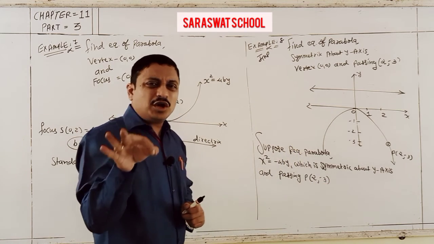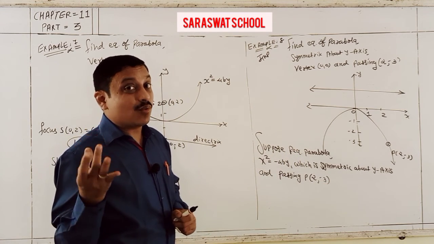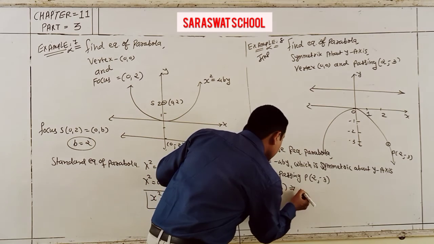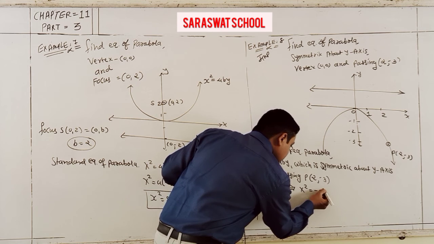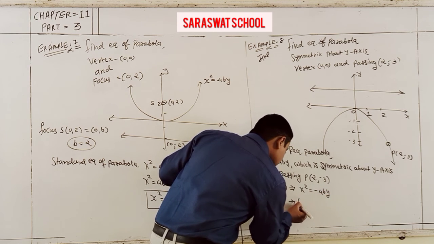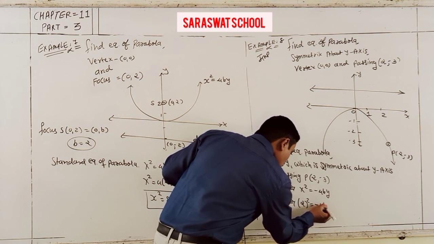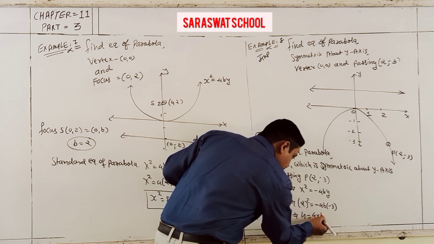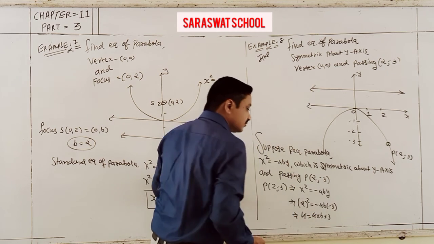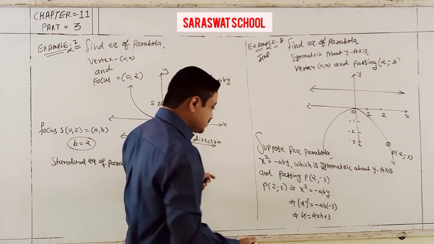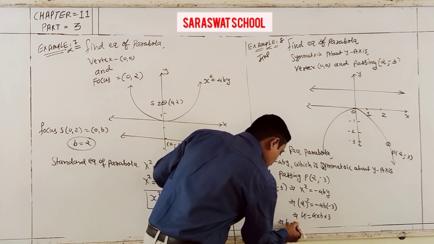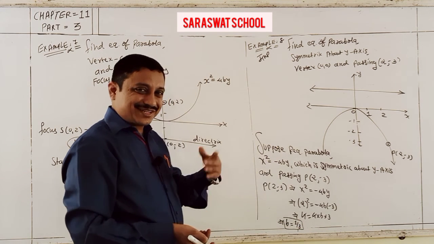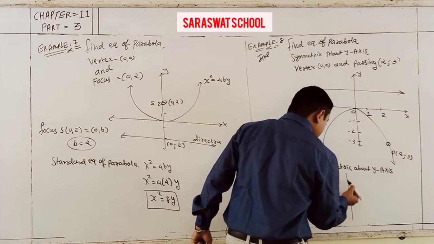You just put down x value is 2, y value is minus 3. Your equation x square is equal to minus 4by. I have x is 2, y is minus 3. So 4 is equal to 4 into b into 3. 4 and 4 cancel. b is equal to, students, exactly 1 by 3, and this 1 by 3 we put again. So here my final answer is done.